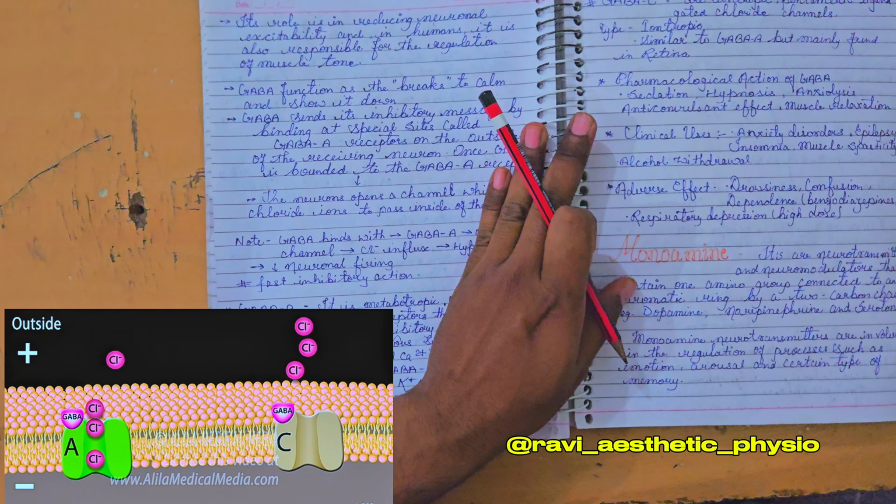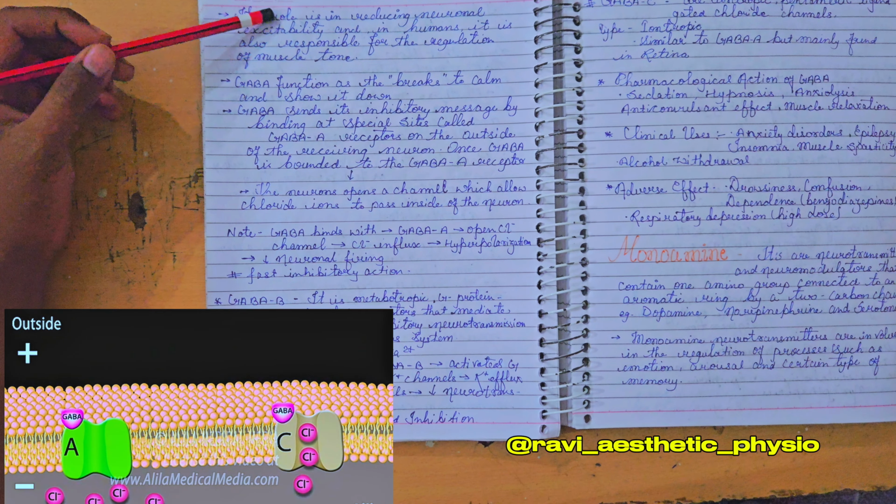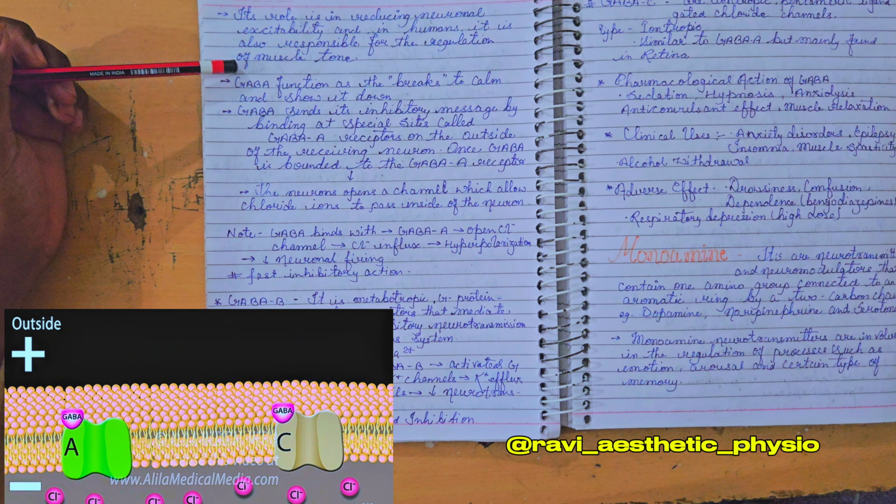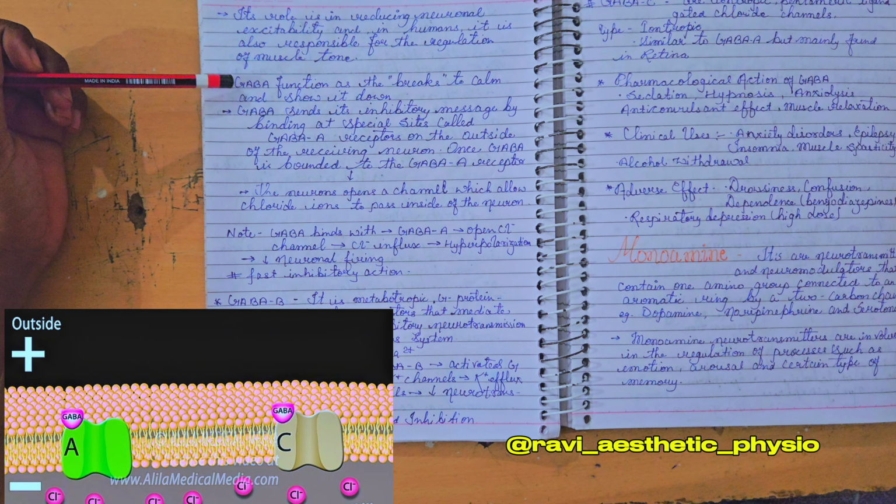Its role is in reducing normal excitability, and in humans it is also responsible for the regulation of muscle tone.